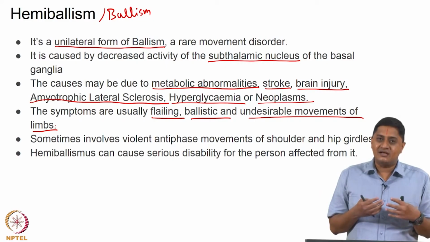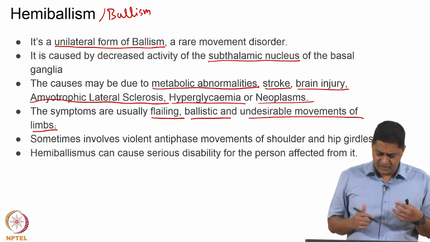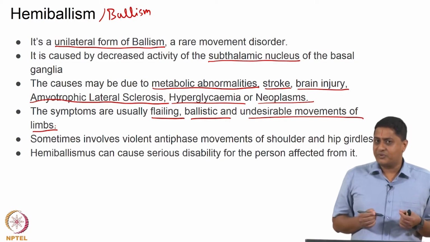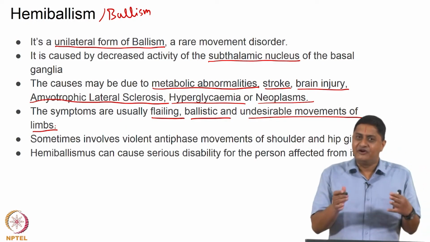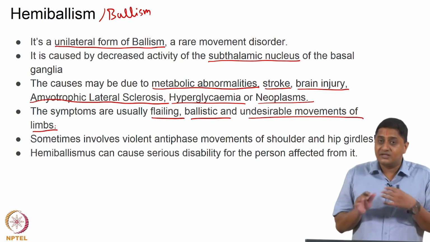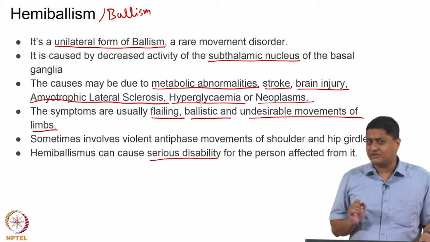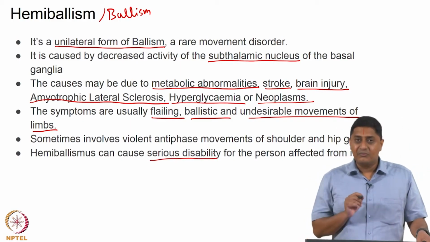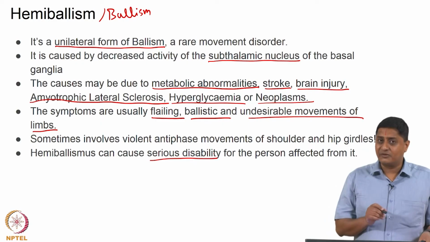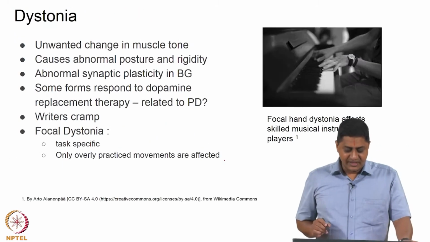This leads to a very violent, unwanted and very difficult disability for patients. Of course, in the movies this is fun to watch, but in the lives of people this is really horrible, because all the time they will have to be going through this. It causes serious disability for the person who is affected by this disease. Why is this happening? Once again, due to death of neurons in the subthalamic nucleus.